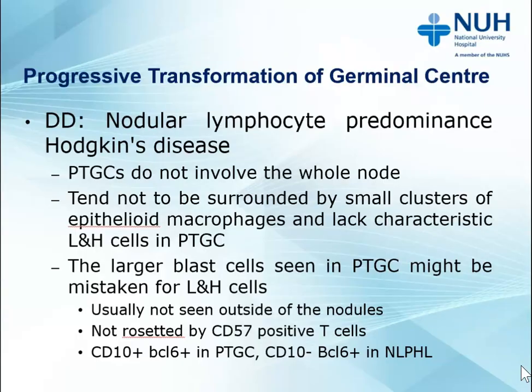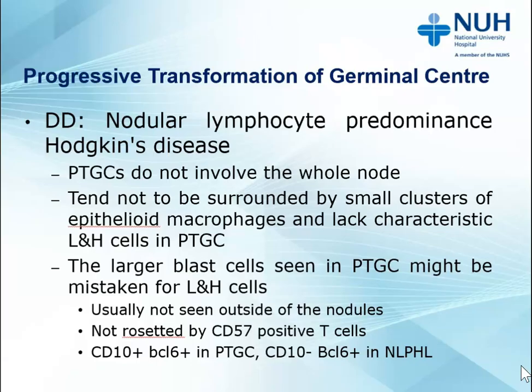Unlike nodular lymphocyte predominant Hodgkin lymphoma, PTGC is a focal phenomenon and does not involve the entire lymph node. Clusters of epithelioid histiocytes and typical LP cells seen in nodular lymphocyte predominant Hodgkin lymphoma are absent in PTGC.